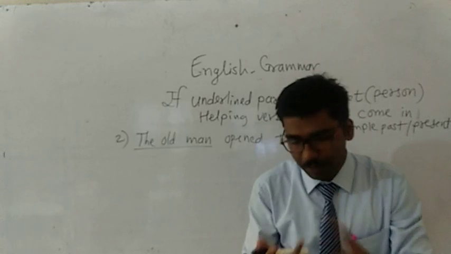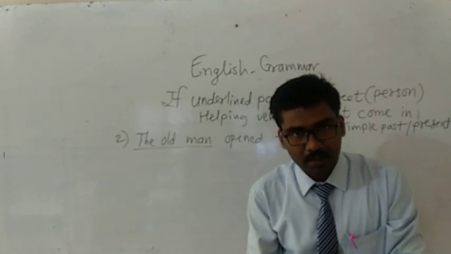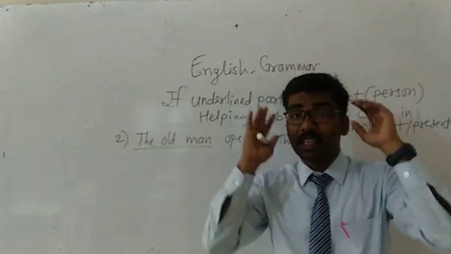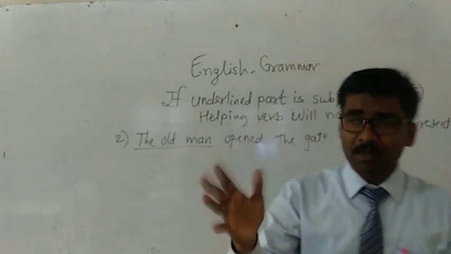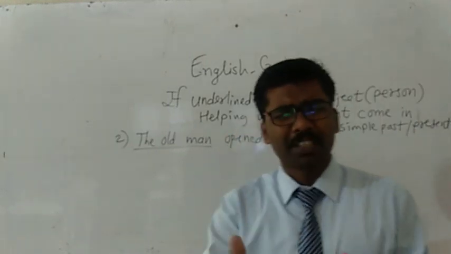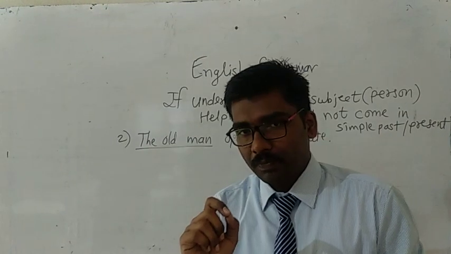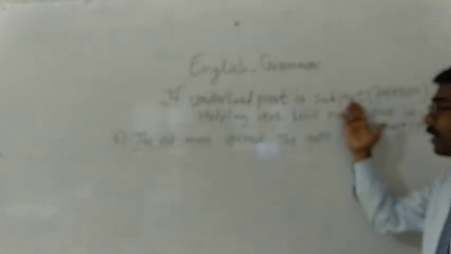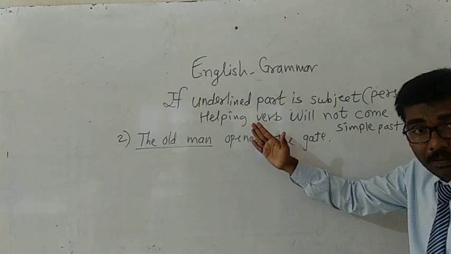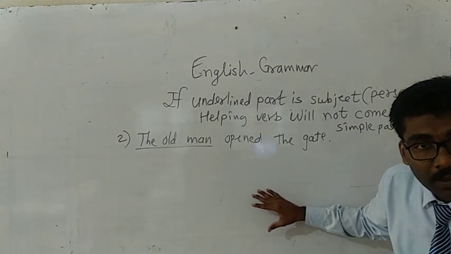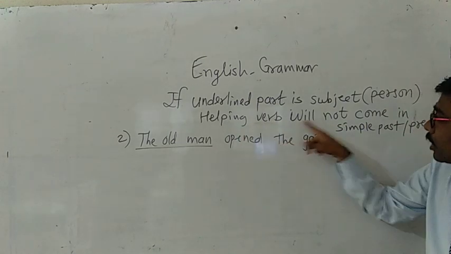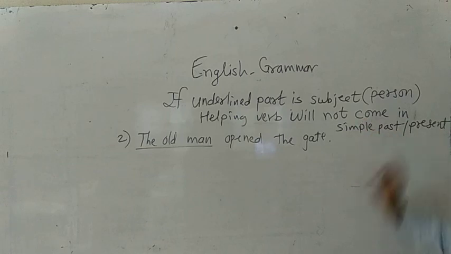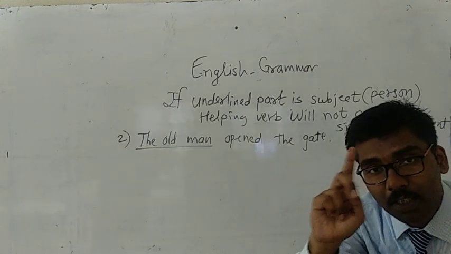In each sentence there is a subject, there will be a verb and there will be an object. But if the underlined part is a subject and it is a person, in a WH question the helping verb will not come in simple past and simple present only.